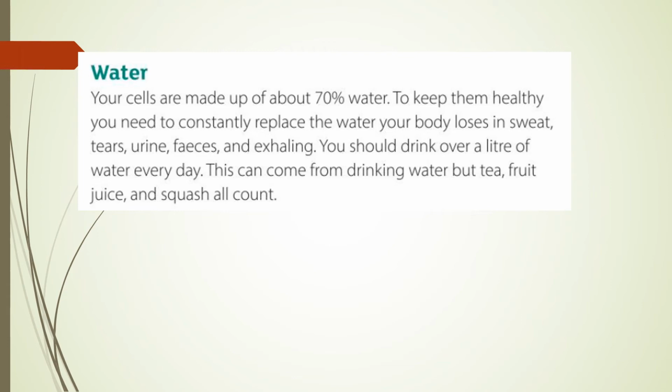So it's important that we keep hydrated through lots of fluid. And that fluid can be in any form. So you can drink tea, coffee, all sorts of fruit juices, squash, smoothies. Anything with a liquid content will have water in it, and that's what you need for your diet.